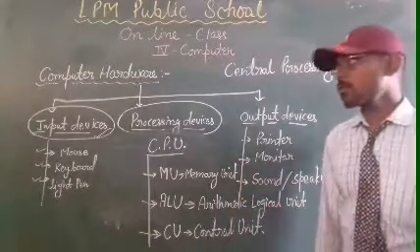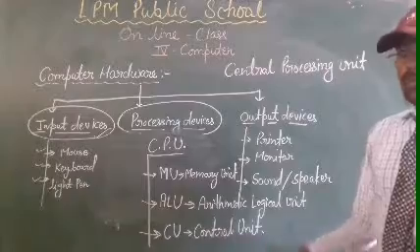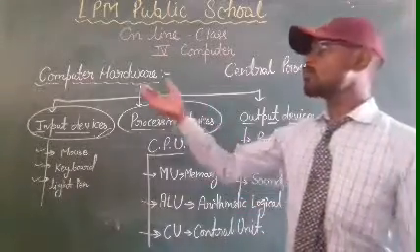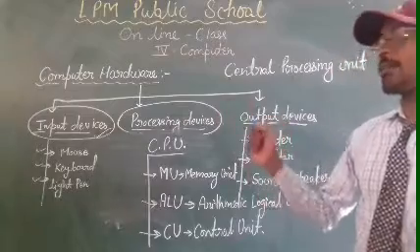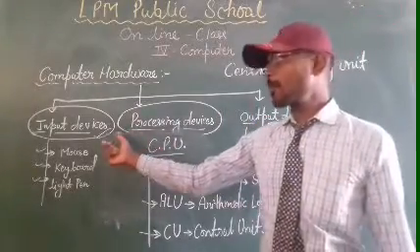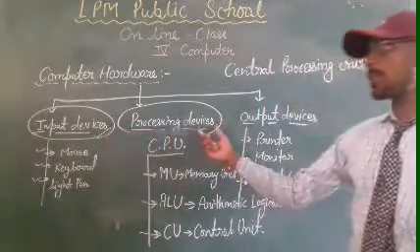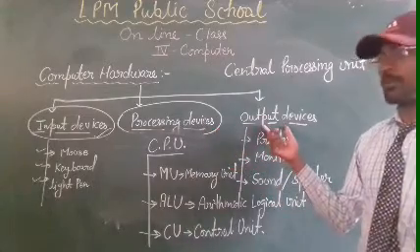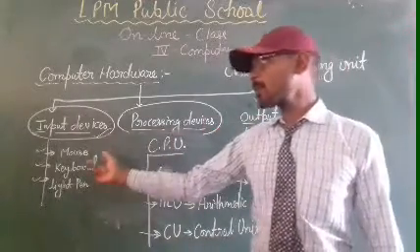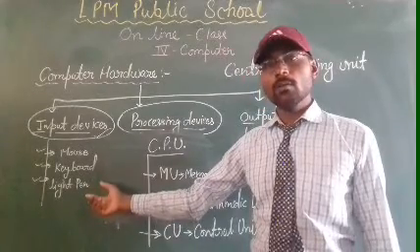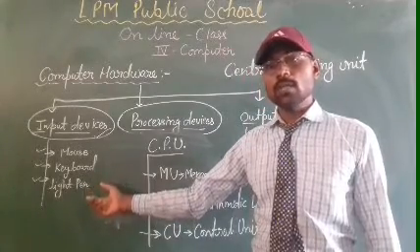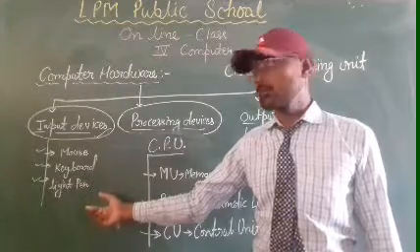So dear students, we have learned about computer hardware. There are three parts of computer hardware: input devices, processing devices, output devices. Input devices such as mouse, keyboard, light pen, webcam, joystick, these all are the input devices.